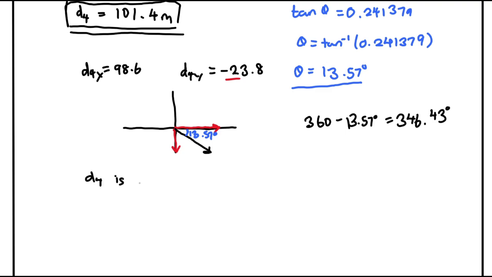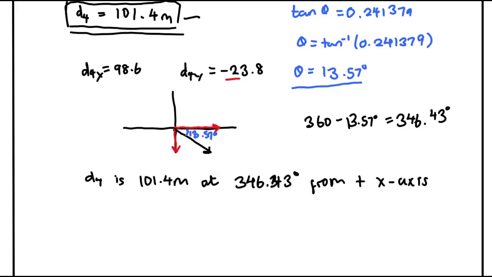The final statement has to be: the magnitude of d4 was 101.4. So d4 is 101.4 meters at 346.43 degrees from the positive x-axis.